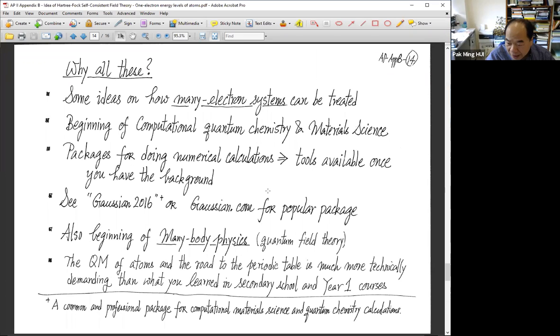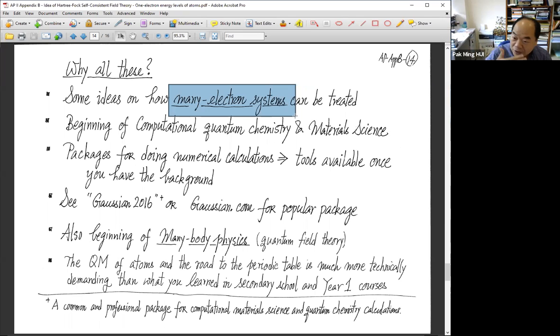Why do we discuss all this? Because it's very important in modern physics. We can hardly find something that is non-interacting. So when you have an interacting system, we have to handle this interaction in some skillful way.